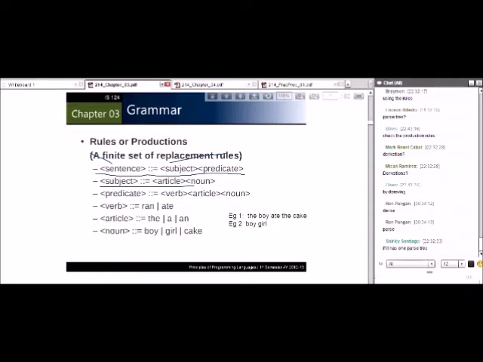So do you get it? It is a category which produces something. So the left-hand side produces something, and the something is on the right-hand side. Now, on the right-hand side, it can be another non-terminal or a terminal. Terminal, ito na yung actual constructs natin or the actual tokens.